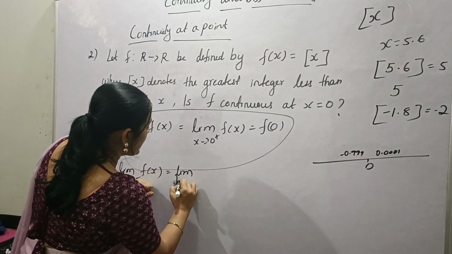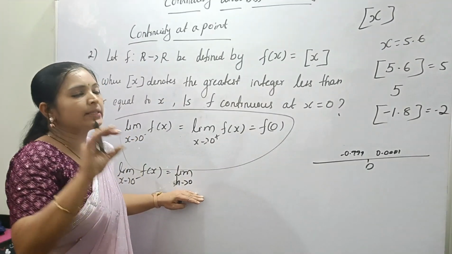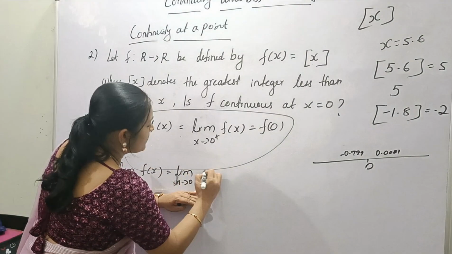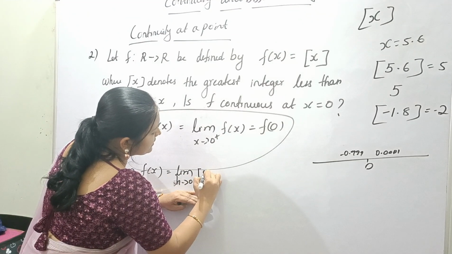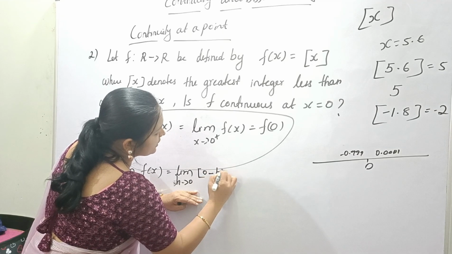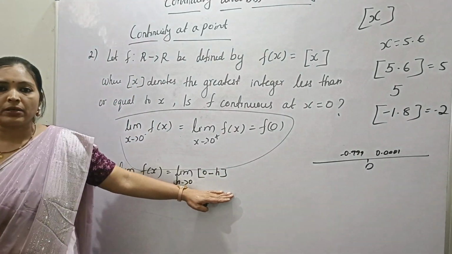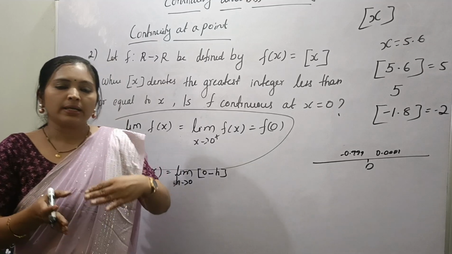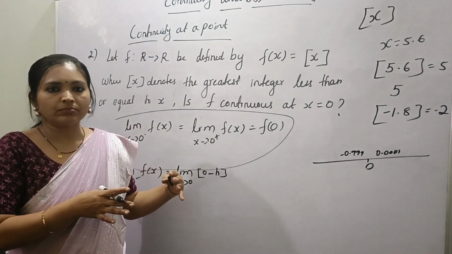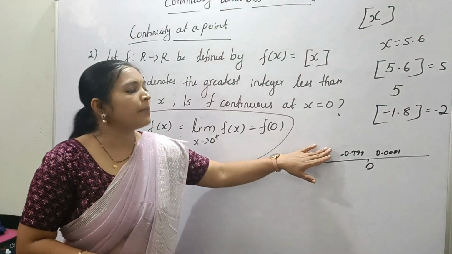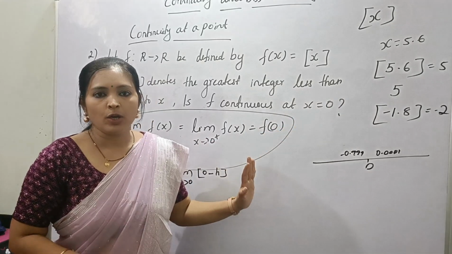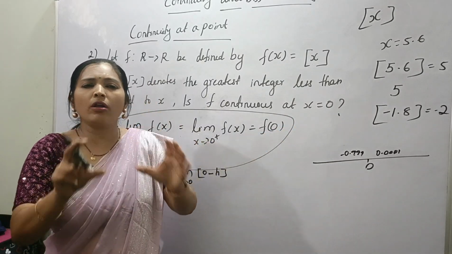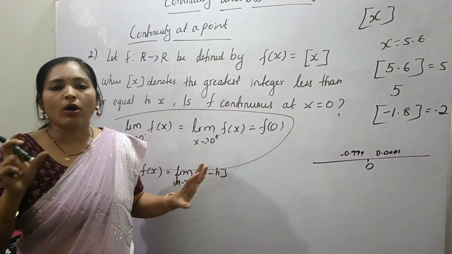So we write it as limit h tends to 0, taking that value h, of the greatest integer of 0 minus h. Here 0 minus h is negative, that means minus 0 point something. 0 minus a small value, h is a small value.